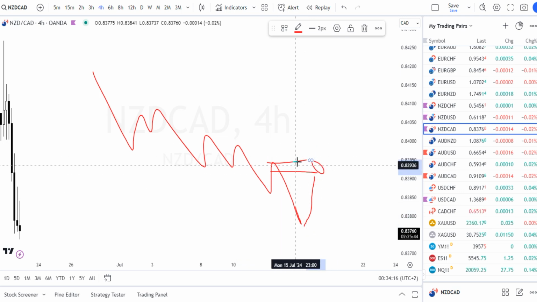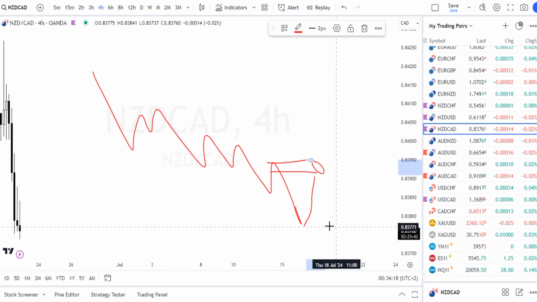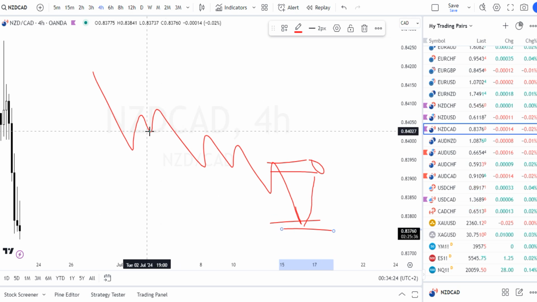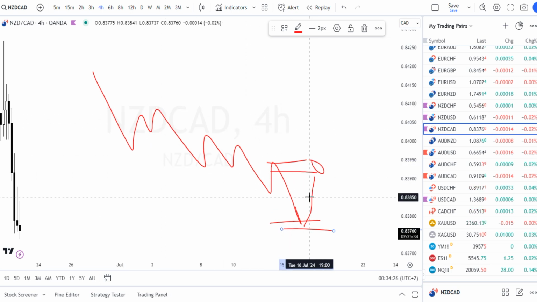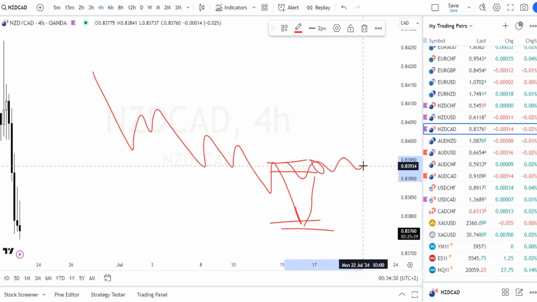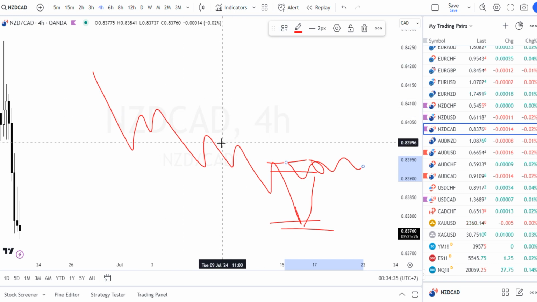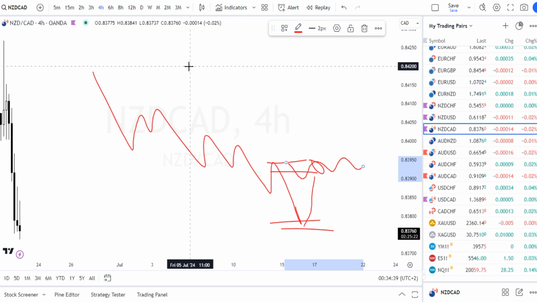Another thing, in the daily time frame, the market hit a daily demand here, and the location-wise is very bad. So when you're going to take a trade, you have to go to the higher time frame, then one time frame lower, then one more time frame lower.